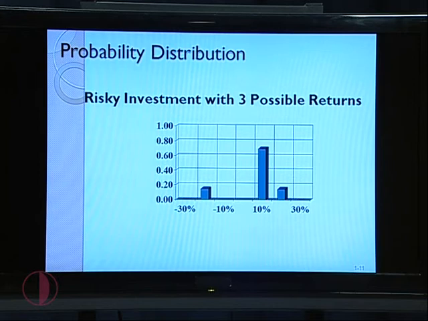We have 3 possible returns and a probability distribution for the risk, to understand the meaning of probability distribution.